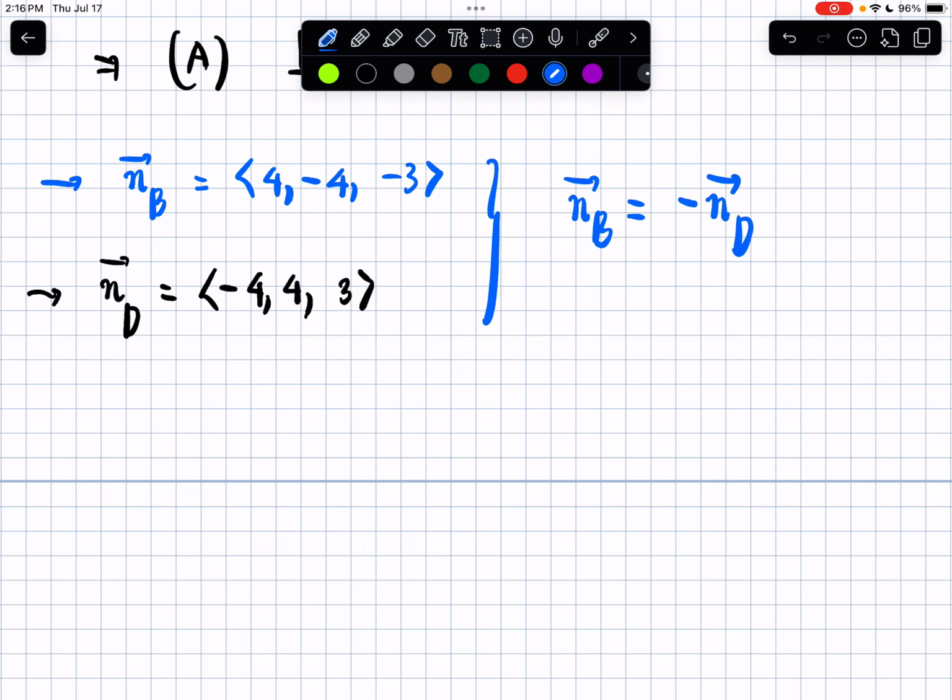So there is a scalar, -1, such that NB is minus 1 times ND. This means that the two normal vectors are parallel. This means the plane B is parallel to plane D.